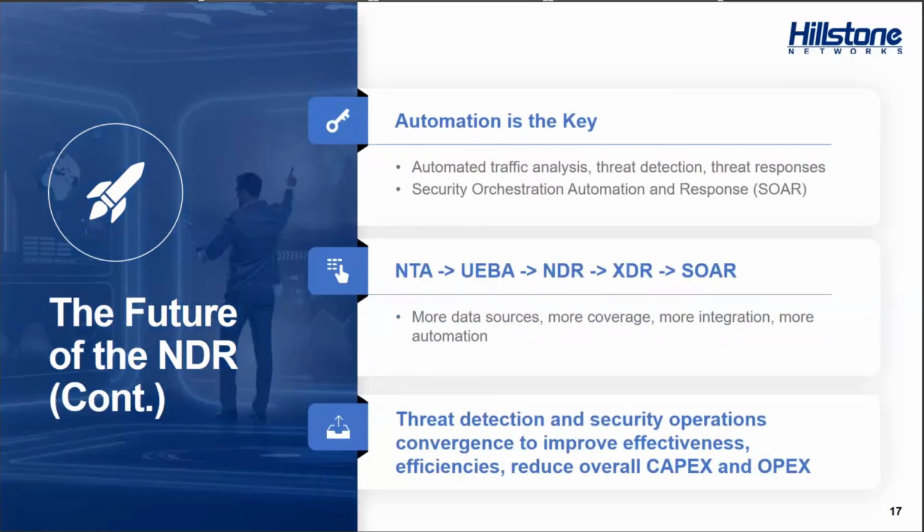The third aspect is automation. Automation is the key because as the data and traffic become more and more, it's very difficult to conduct, even with some help of scripting. It's still very labor-intensive, day-to-day work for the security admins or security analysts to conduct the threat hunting and the threat analysis.